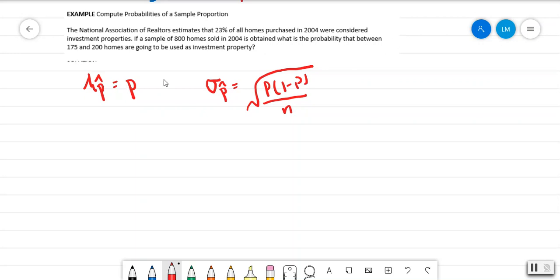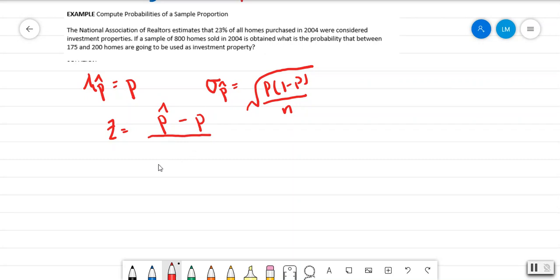Now one more formula. A few of you have asked about z-scores, and a z-score is really just the deviation from the mean. So we know that the mean is p, so essentially we just need to take p hat minus p divided by the standard deviation.